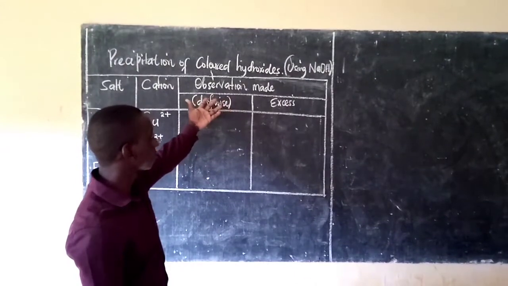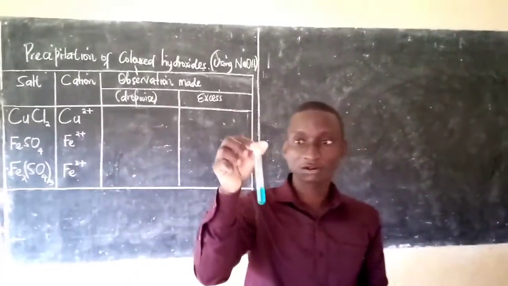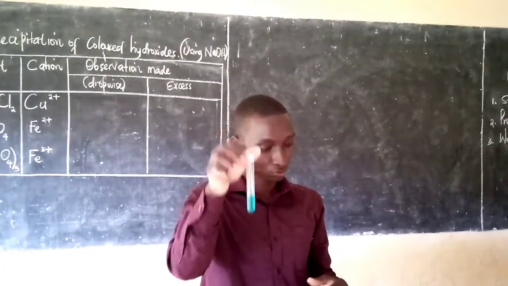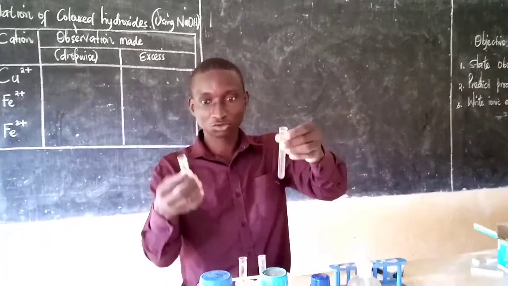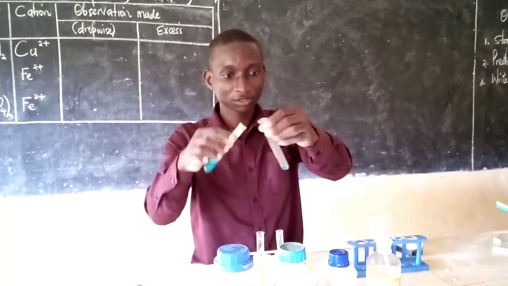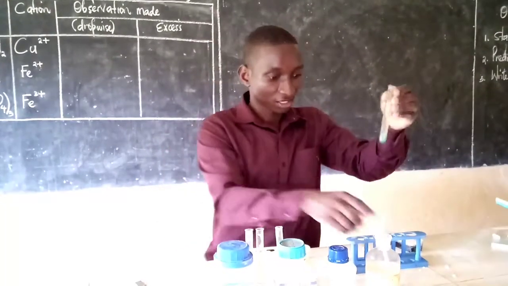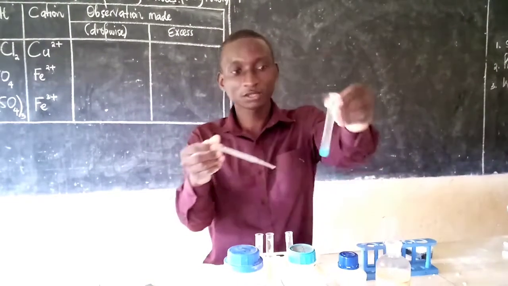Let us do the practical part of it and see what takes place. We have already come up with our copper 2 chloride salt solution. We want to see, if it meets sodium hydroxide, what takes place. We pick a smaller amount of the salt solution and then we add sodium hydroxide dropwise. What do we see?